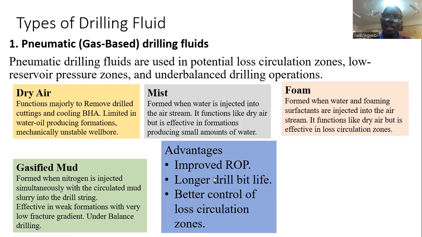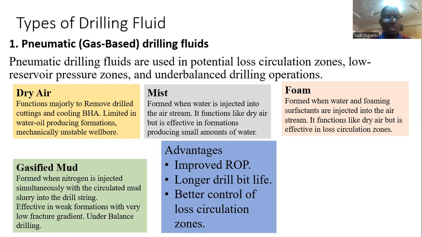During the drilling process, the drill bit experiences what we call wear and tear because of friction. As it is breaking or coming in contact with the rock surfaces, heat and friction are produced, which can cause wear and tear of the drill bit itself.